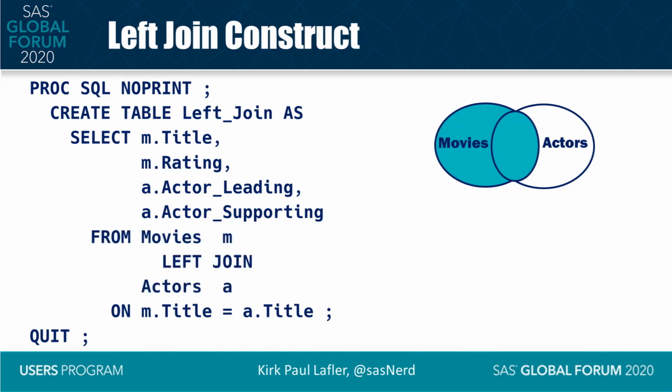And then the on clause specifies M or movies.title is equal to actors.title. The end result from the left join construct is we're going to create our intersect plus preserve all the unmatched rows from the left table, the movies table.